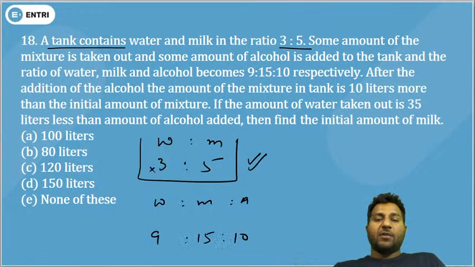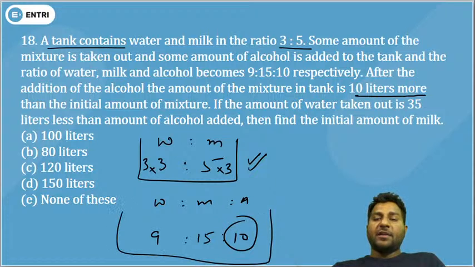Alright, so let's find out the comparison after equating milk and water. So clearly 10 unit difference has arrived. After the addition of alcohol, the amount of mixture in tank is 10 liter more. So after adding, clearly 10 ratio more equals 10 liters. So 1 ratio equals 1 liter.